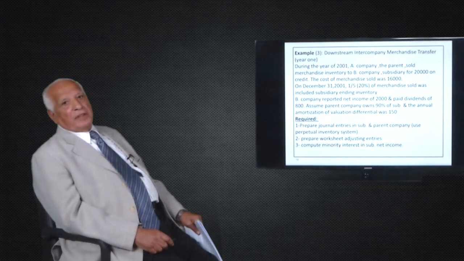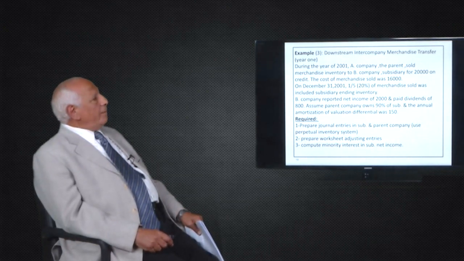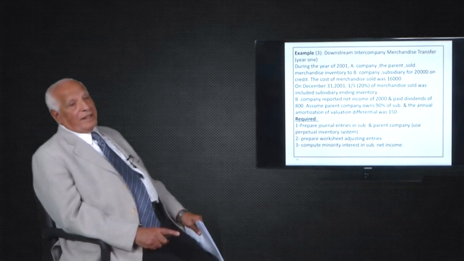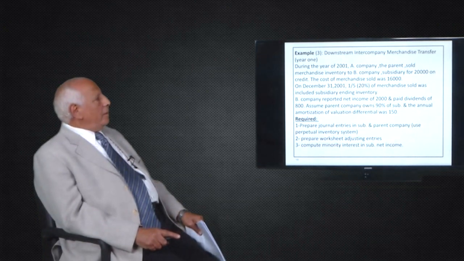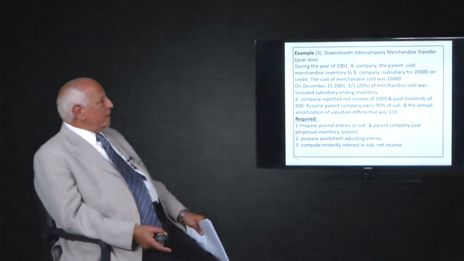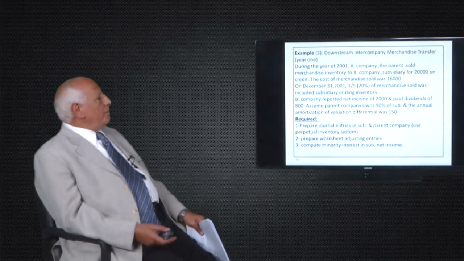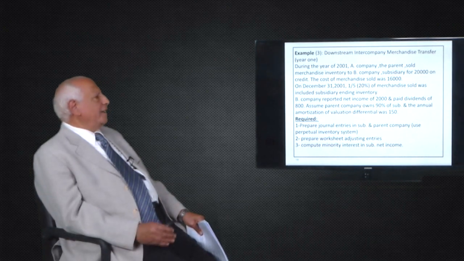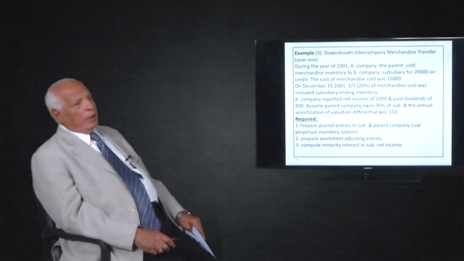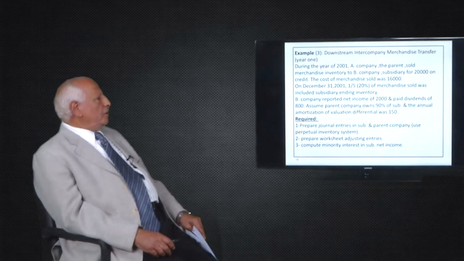During the year 2001, A company is the seller now. A sold merchandise to B, how much? 20,000, with cost of goods sold 16,000, the same information. 1/5 remained unsold, same. B company net income was 2,000, same information from example 1. Assume the parent owns 90%, same, and the annual amortization was 100.